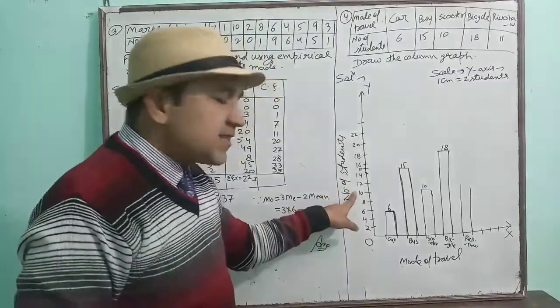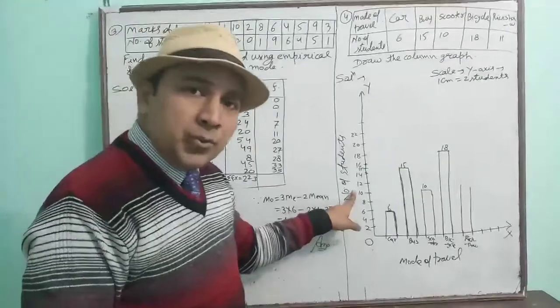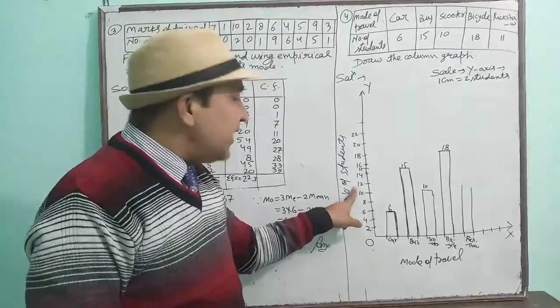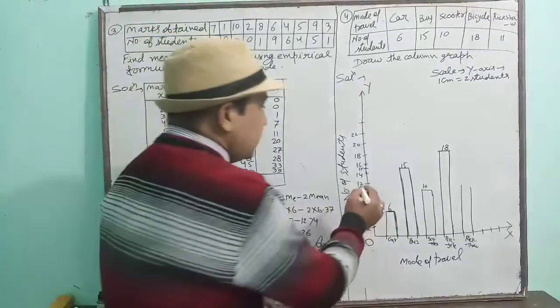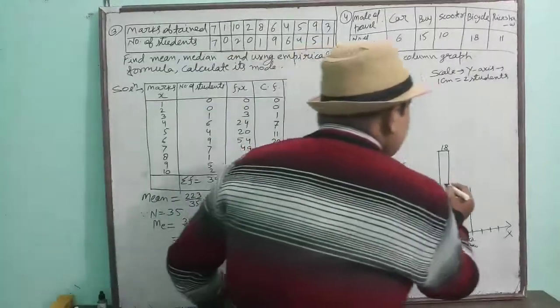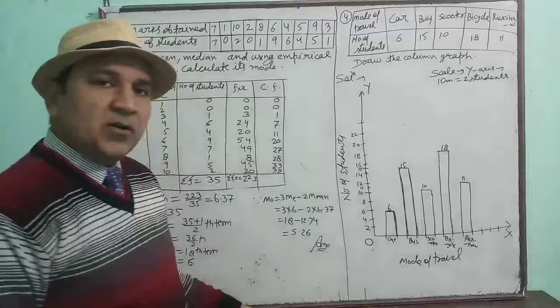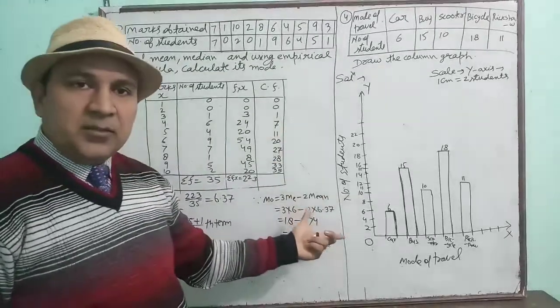There are 10 small boxes, and 10 small boxes is equal to 2 students. So 5 boxes will represent 1 student. That means the middle of this will be the 11 coming. So in front of here, see. Okay. So this is called column graph.